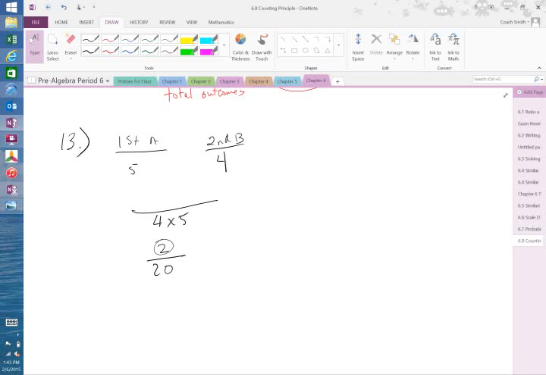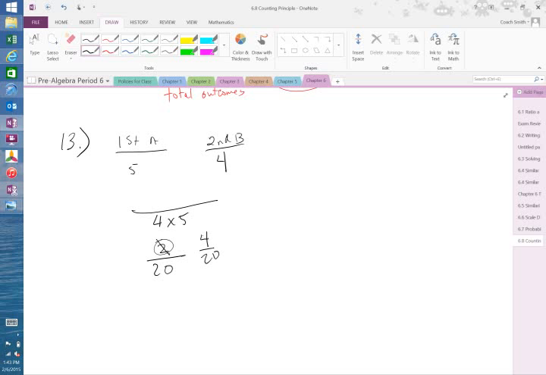Okay, is there any other possible? Hang on, let me phrase this properly. How many numbers are there on each spinner that are the same? 4. 1, 2, 3, 4. Okay, so there's 4 possible outcomes. So you need to change that to 4, because there's 4 different numbers that are the same on each spinner.